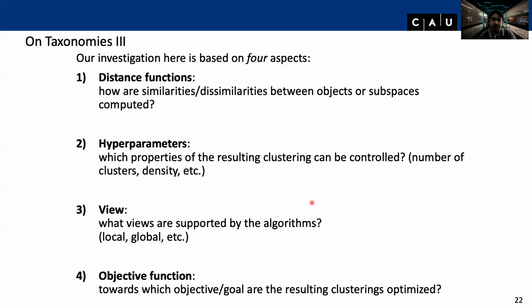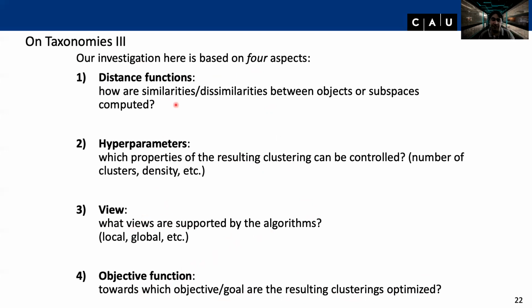And you see, the taxonomy we introduced here with these 4 aspects is more result oriented, about the resulting clusters. Also the view is something in the result, where you see what has been detected as local or global.